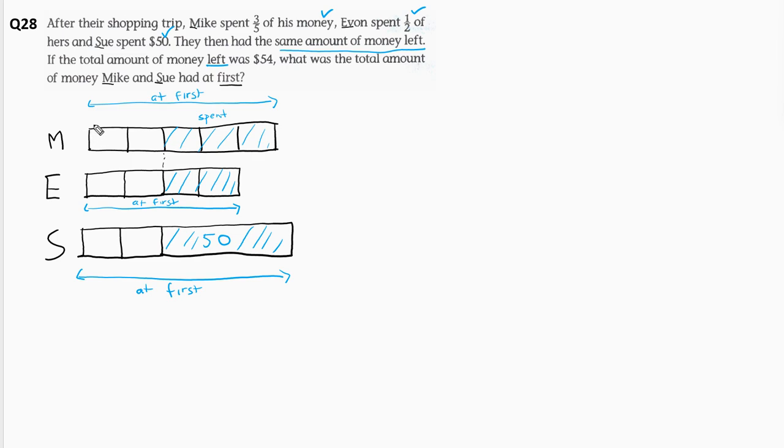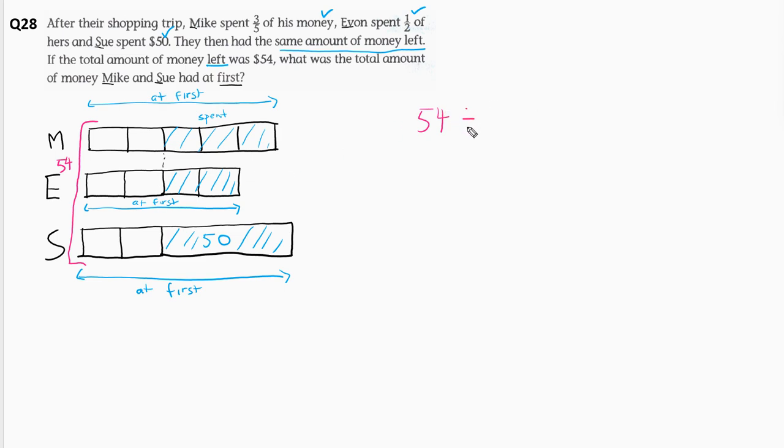You could draw this again, but I don't think it's necessary personally. This is what's left, and this has a value of 54. So 54 is the value of 6 parts.